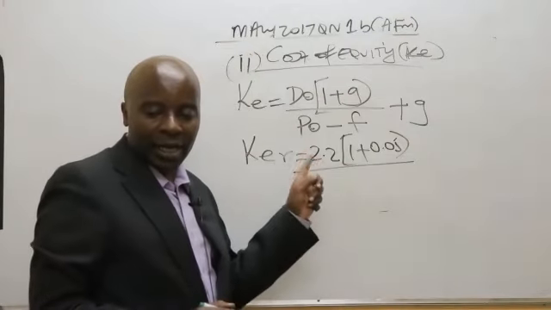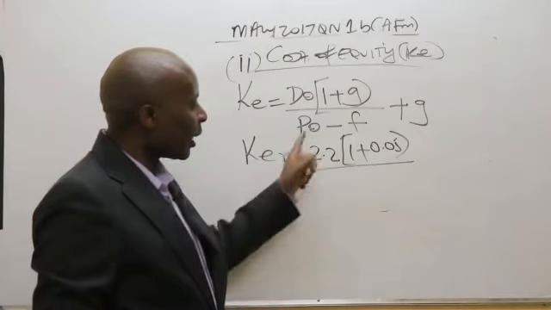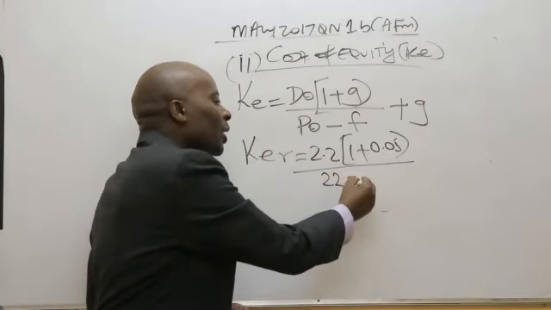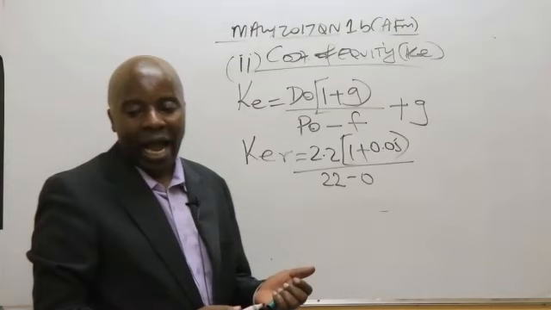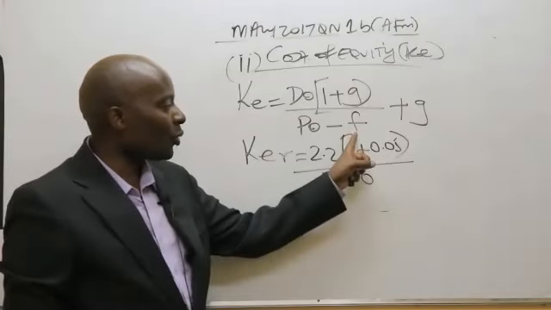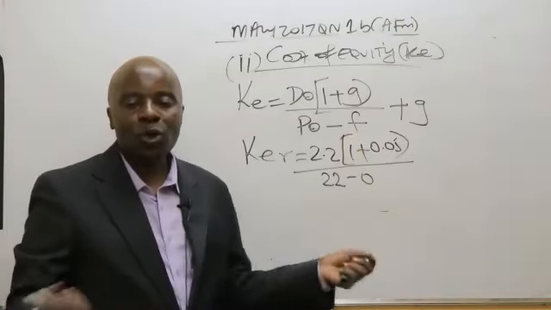PO is the current market price per share, which is 22. Ladies and gentlemen, you and I appreciate one fact, that the flotation cost of retained earnings is always 0.